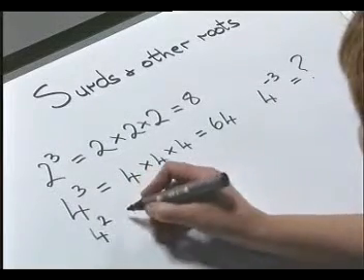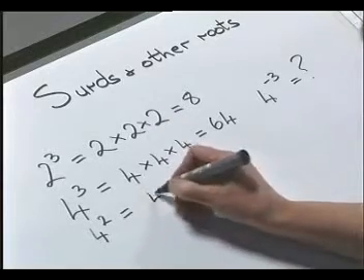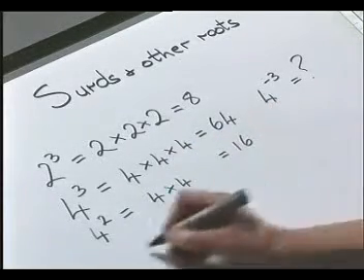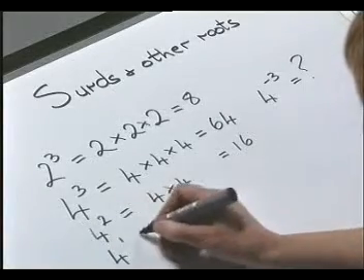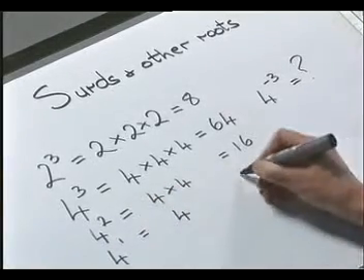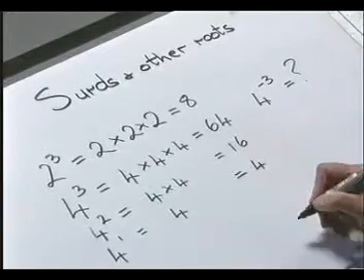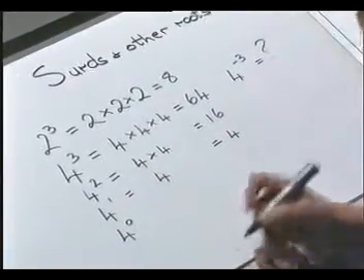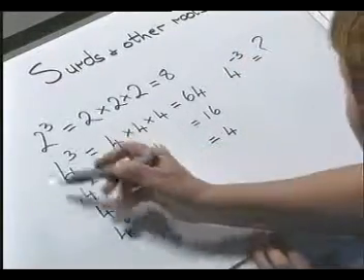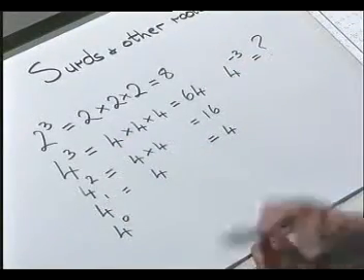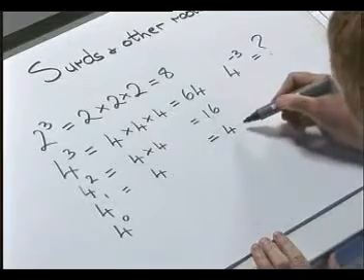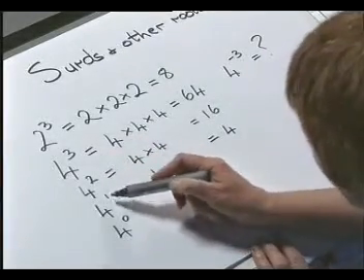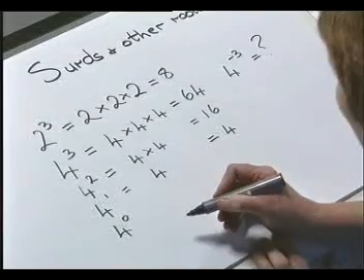4 squared equals 4 times 4, and that equals 16. 4 to the power 1 is 4, and 4 to the 0, well, if we look at our pattern in our calculations, we are dividing by 4 each time, and the index, our power, decreases by 1.